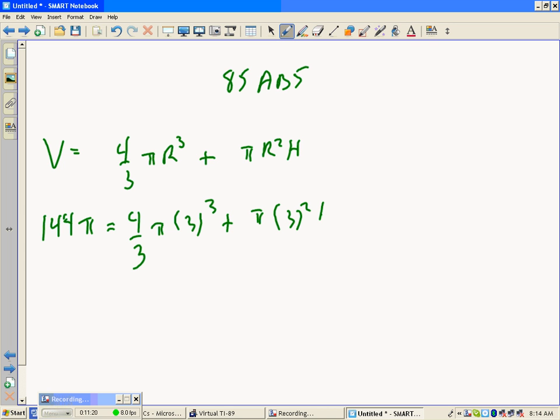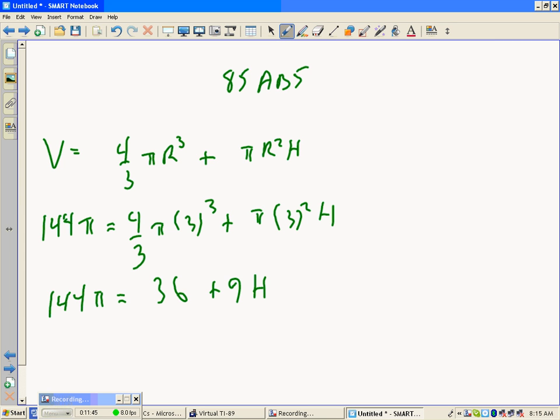Okay, right away, the pi's can be canceled, so ignore them. So I'm going to write it this way, 144 pi equals, now let's see, 3 into 3 cubed is 3 squared, right? And 3 squared times 4, well, 3 squared is 9 times 4 is 36, plus 9h.